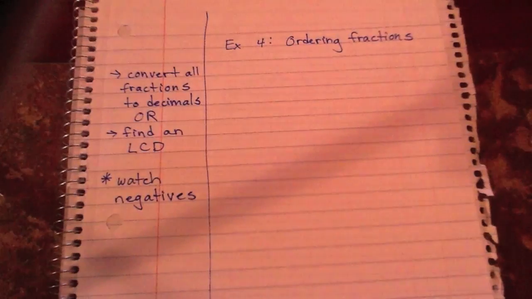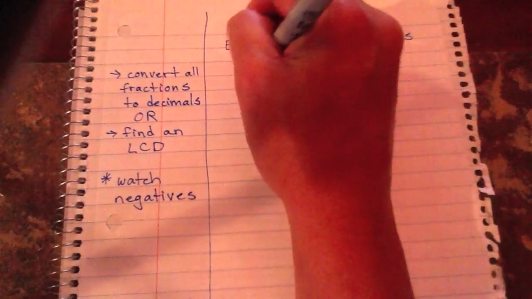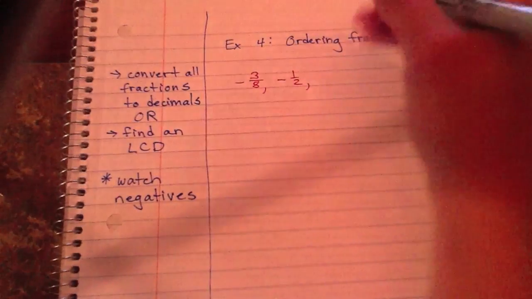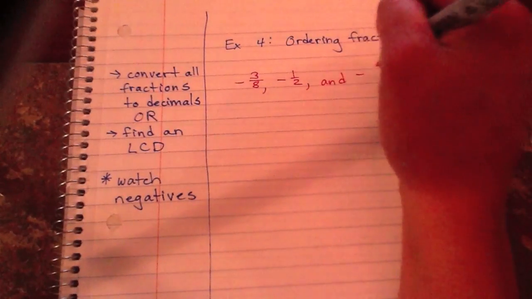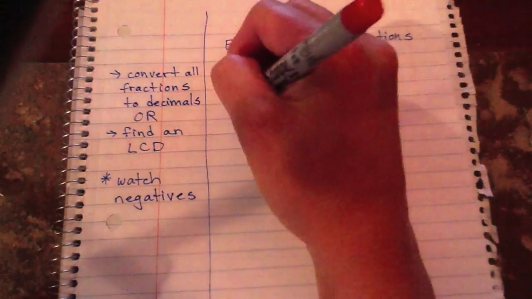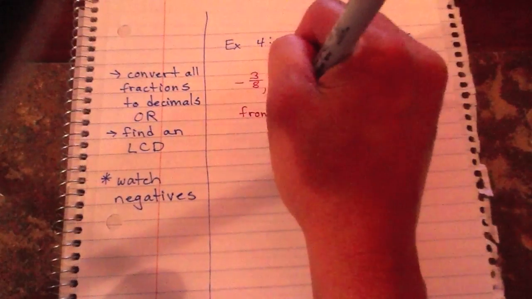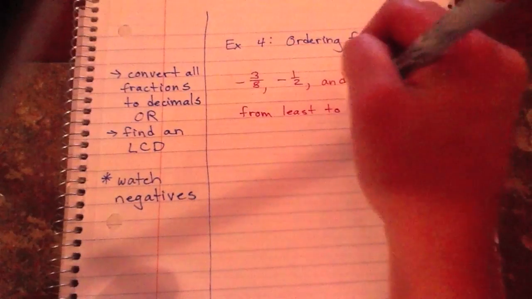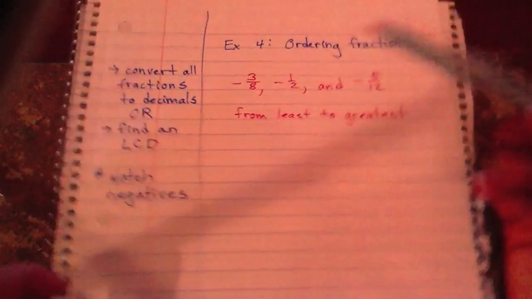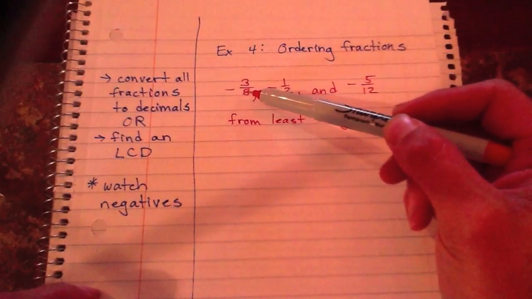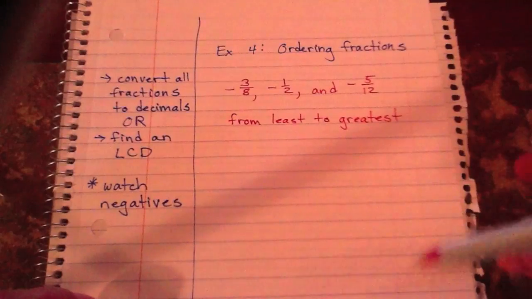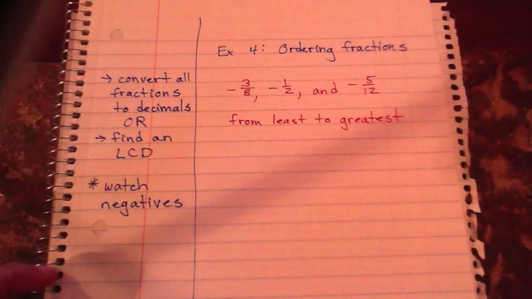Order -3/8, -1/2, and -5/12. And it's from least to greatest. So in case you forgot how to convert these to decimals, denominator divides into numerator. And I'm just going to go ahead and give you these answers right now just so we can walk through it pretty quickly.